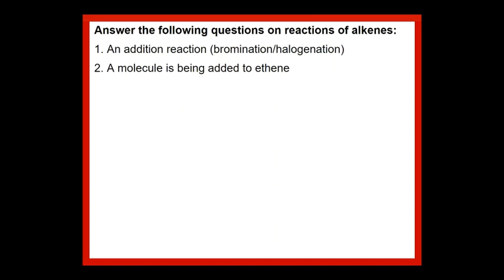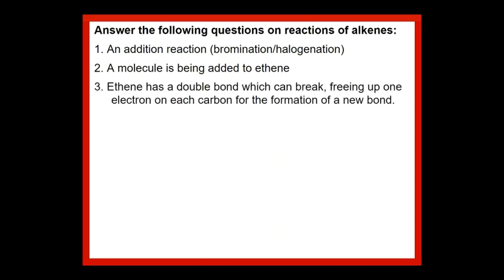Ethene has a double bond which can break, freeing up 1 electron from each carbon for the formation of a new bond. If you're happy with that as an explanation and you can visualize that in your head, great, well done. If you can't, this little video is for you.